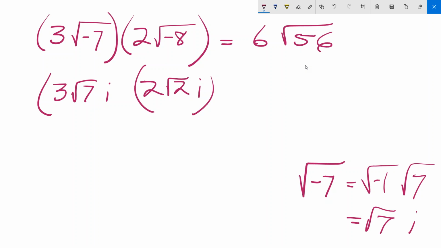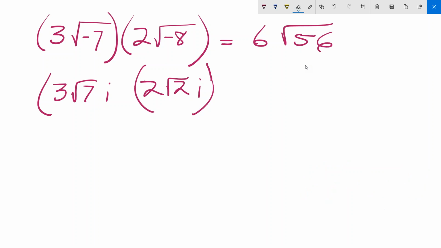Okay, now that I've got the i's, I don't risk making that mistake that I made in the first line. I'm going to put that is not equal to that. Okay, now go ahead and do the multiplication. What do you get? Don't you need to do the 2 times the 2 root 2i? Yeah, excuse me.